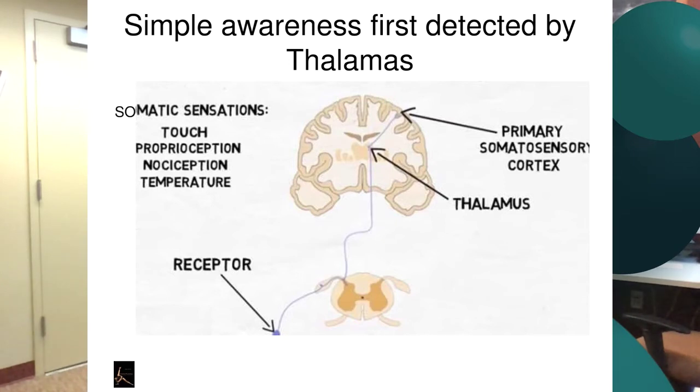So you may have something in your hand, and the thalamus detects, hey, this is something wet and cold. It wakes up the neurons toward your primary somatosensory cortex, that gyrus there, and when I say it wakes them up, it's bringing them closer to threshold. So now you'll have quicker processing of what that wet cold thing is, and you determine, oh, it's an ice cube. I'm holding an ice cube.